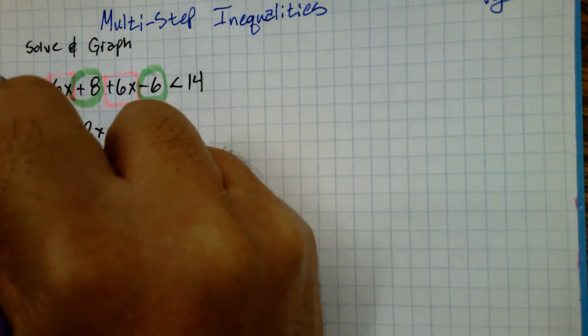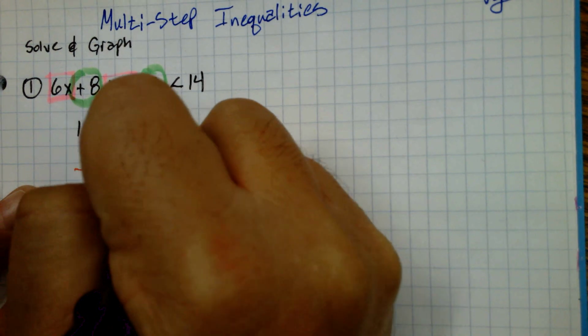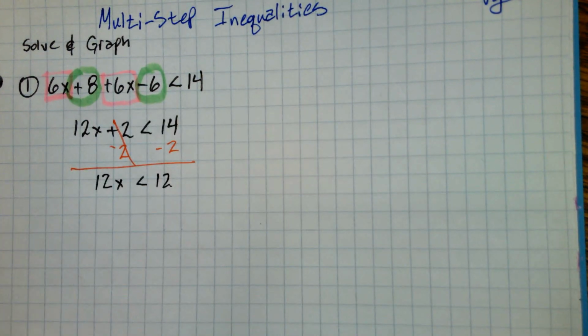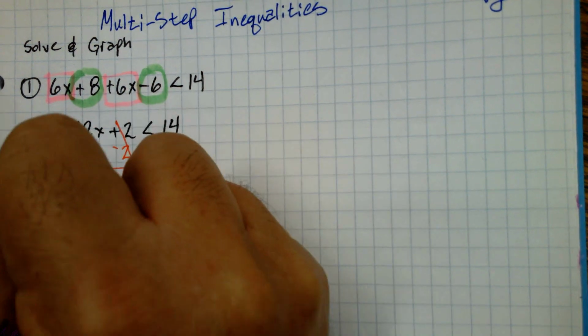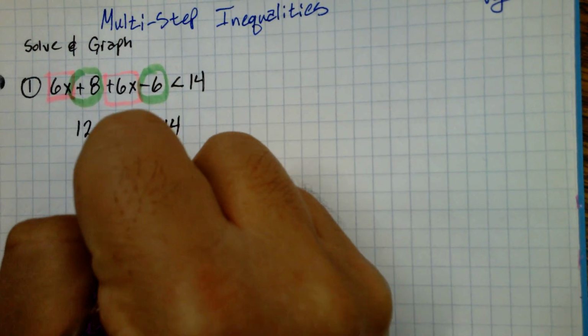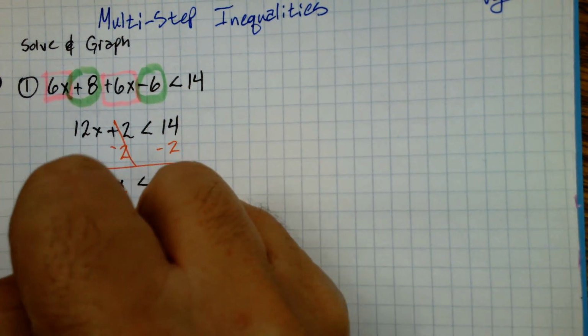And we'll get 12x is less than 12. And what's our final answer? What do we get? Yes. x is less than 1.